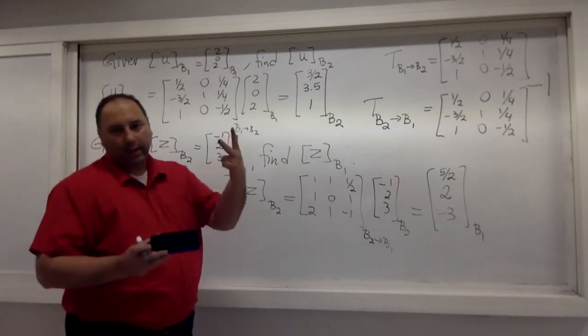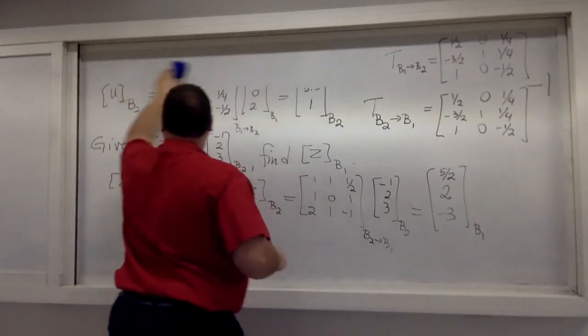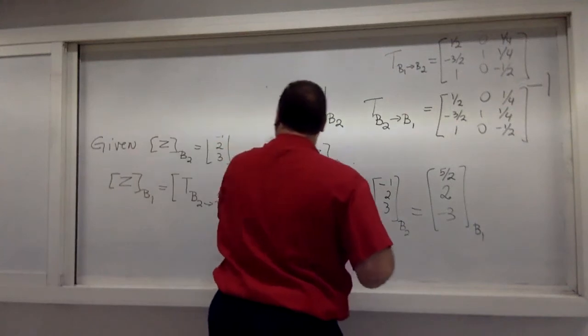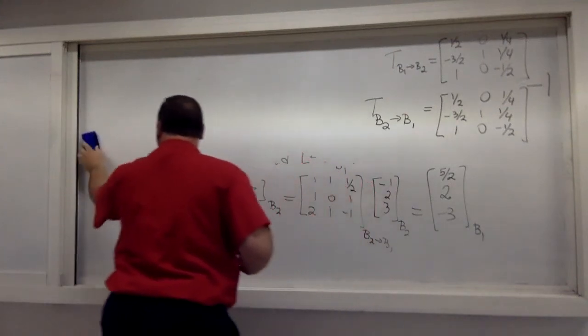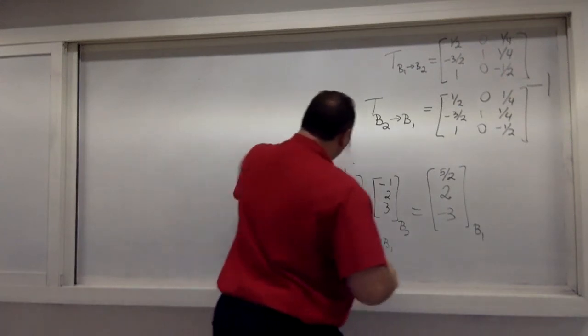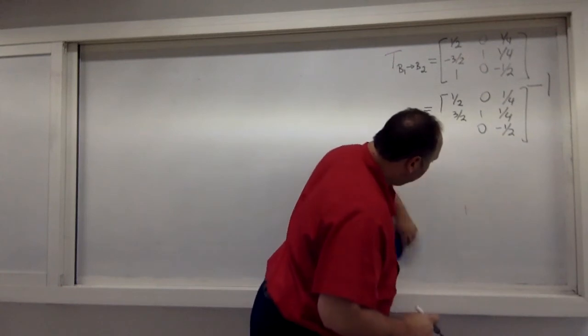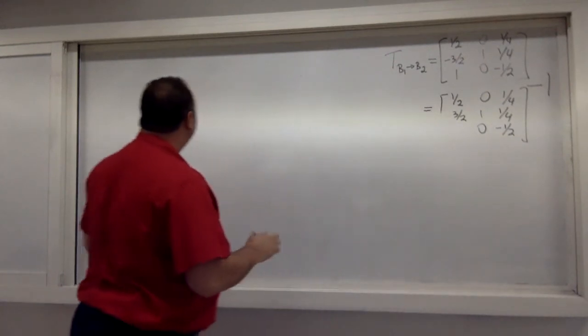Obviously, all you need is 3 and then compute the inverse. But if you don't know that, it's fine. You compute more. So this is just an exercise for you to go through the process. And once you do that, you're pretty much sure that you know how to find the transition matrix from one basis to another.